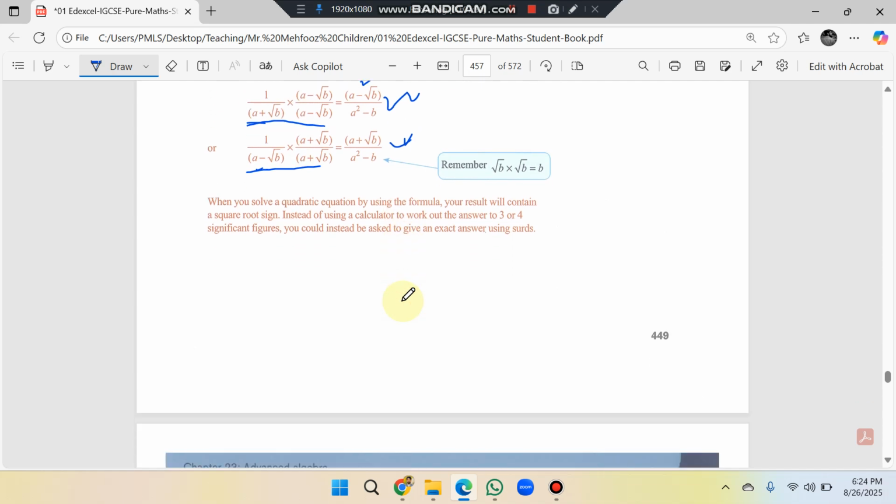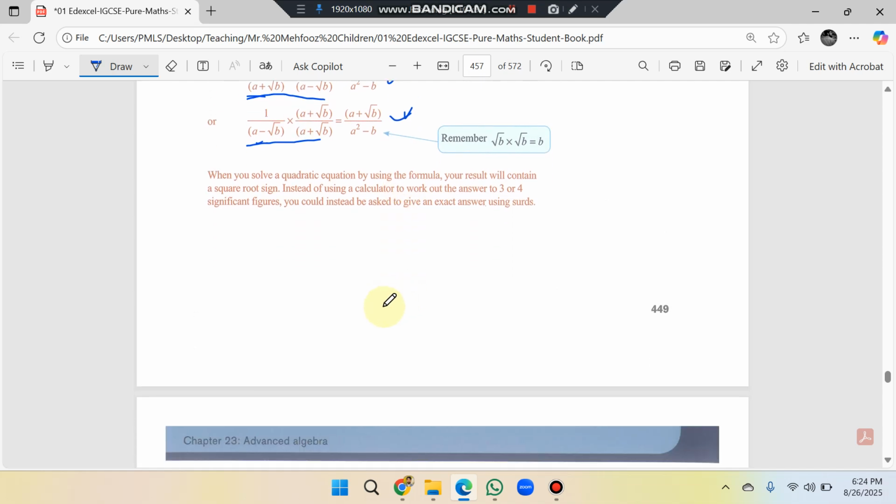No. Okay, good. Next one is, when you solve a quadratic equation by using the formula, your result will contain a square root sign. Instead of using a calculator to work out the answer to 3 or 4 significant figures, you could instead be asked to give an exact answer using surds.